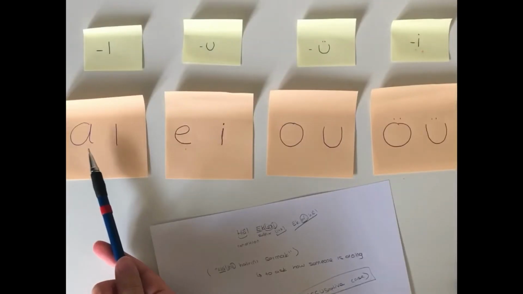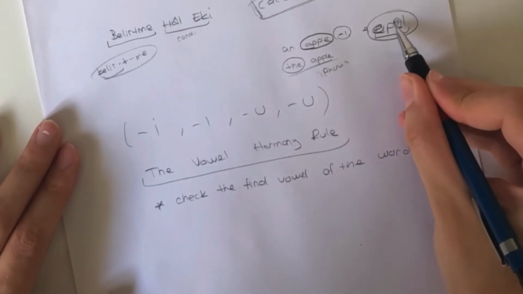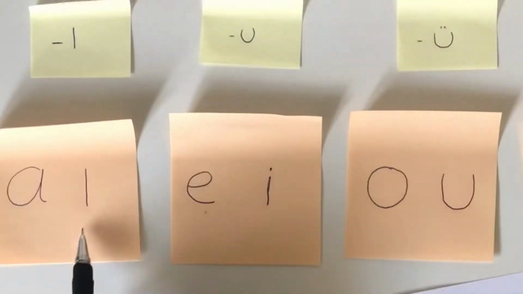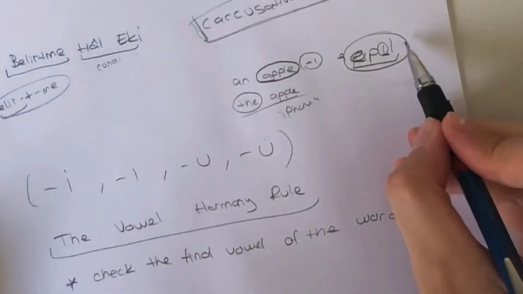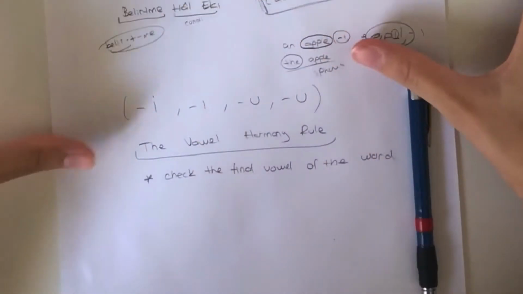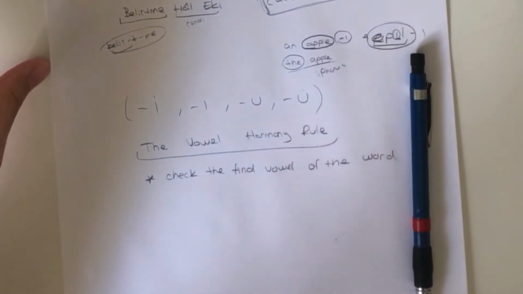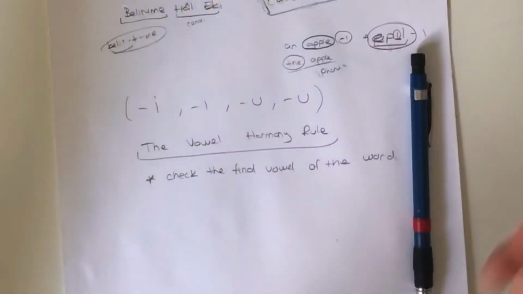Here are our vowels, all of them. So apple, we check the final vowel is U, and I go to U and see that I have to use U. So I said elmayı. Alright? Before we do examples, let me teach you what to use. And I think it's not that hard to guess which one to use. I think you can also guess it.